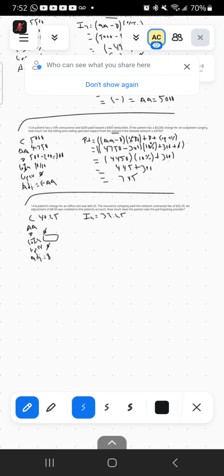So let's see, how much is the adjustment? Well, the adjustment is $8. Well, you know that the adjustment equals charges minus the allowed amount. But you don't know the allowed amount.